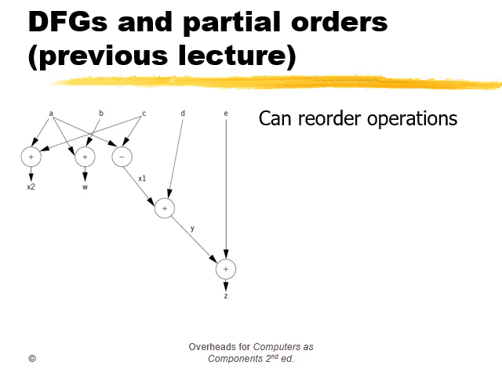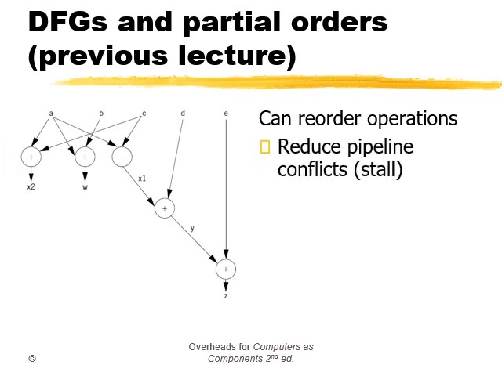So we need to arrange our code or basic operations by looking at the data flow graphs so that no stalls happen. So we can reorder operations to reduce pipelining conflicts. And by doing so, we do not need to access memory again and again. So we can hide the memory latency.